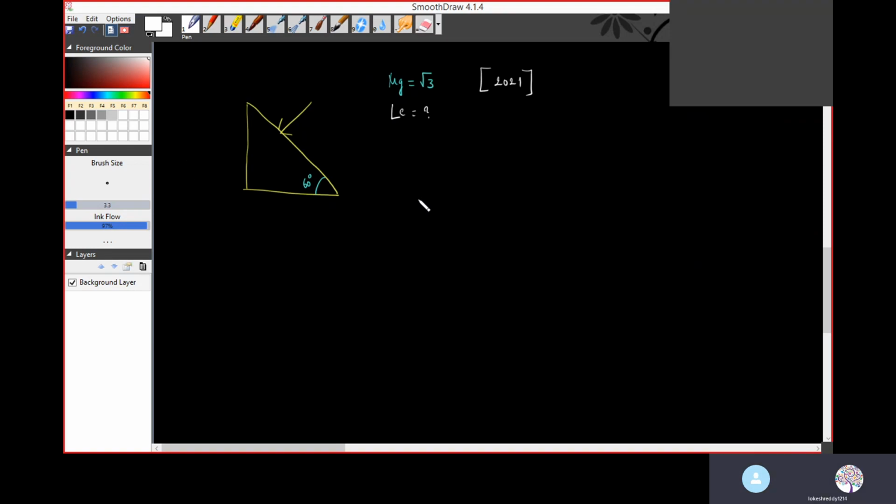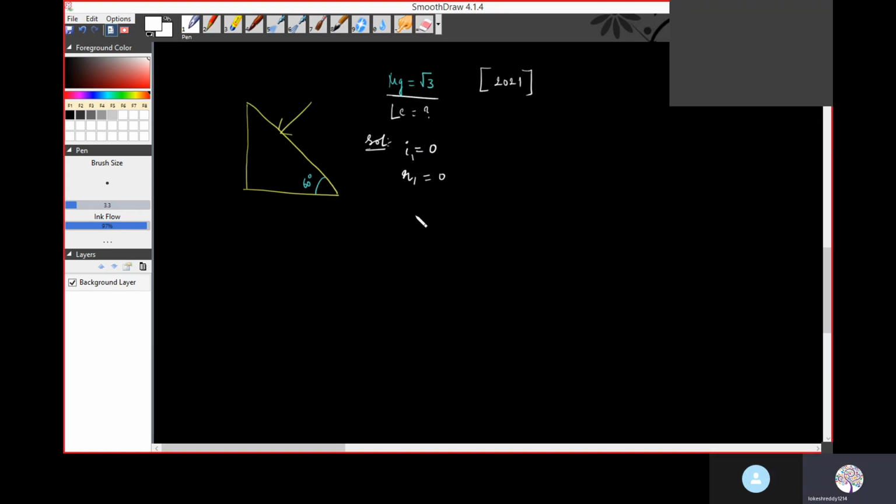Here the angle of incidence is 0 because this is along the normal. So I1 is equal to 0 and R1 is equal to 0. The refractive index is given as root 3.